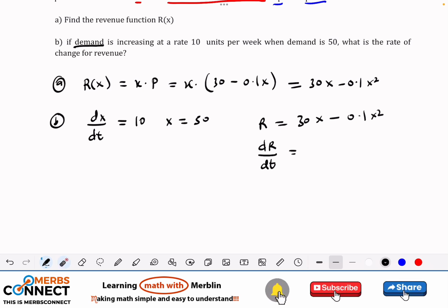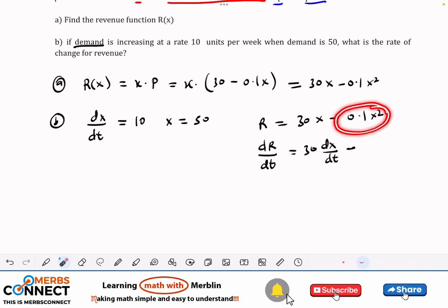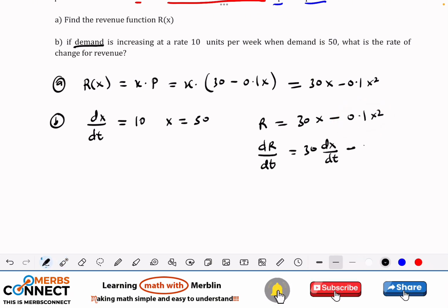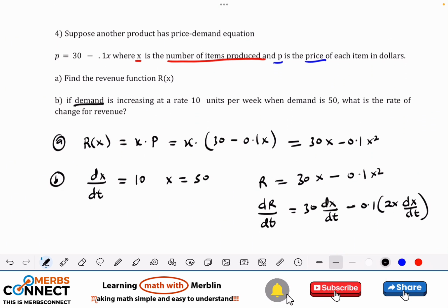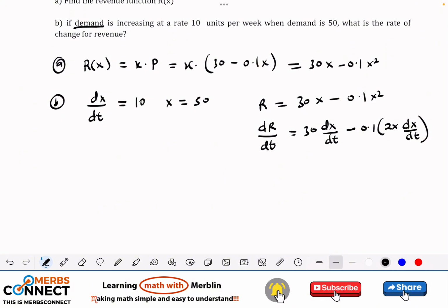So when I differentiate this, I'm going to have 30 dx over dt minus 0.1, and when I differentiate x squared, I'm going to have 2x, but we are using implicit differentiation, so this one should multiply by dx over dt. So that's what you are going to get at the end of the day.